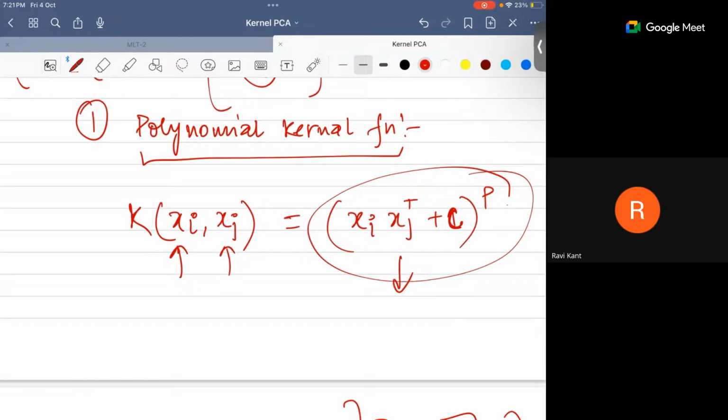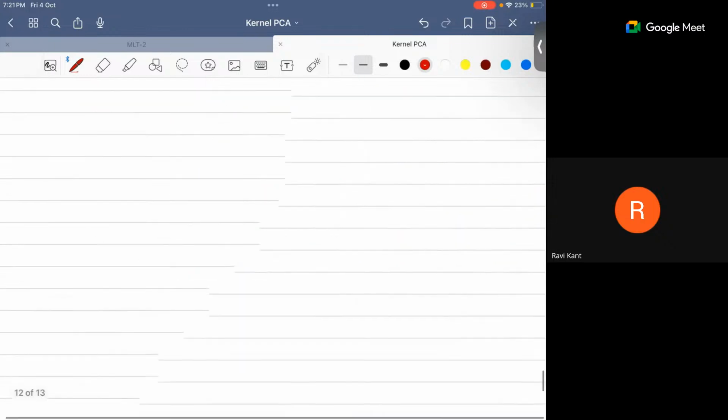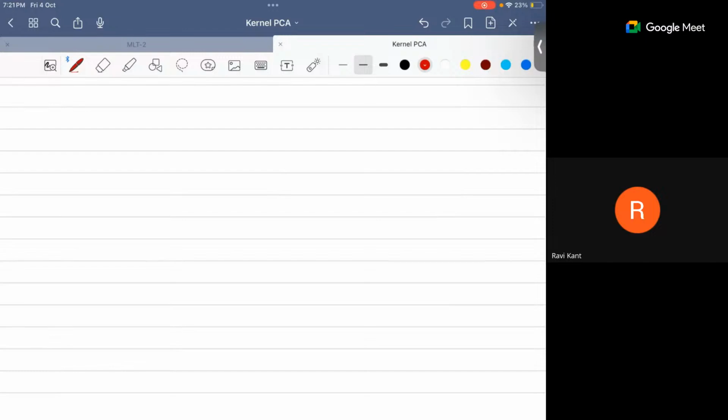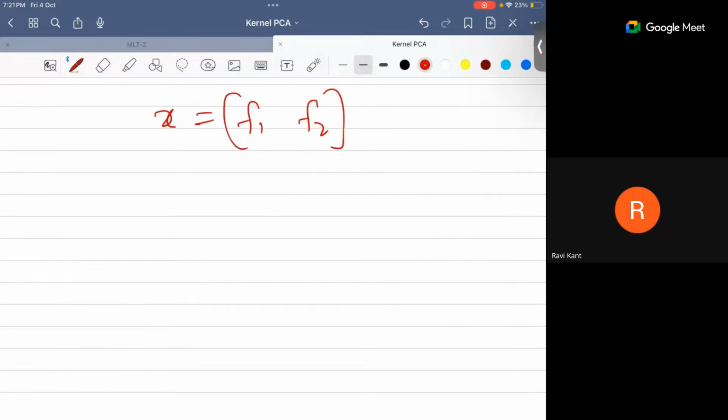So this is similar to, for example, we can just do it for one value, the same thing that our prof has discussed. Let's say you have a data point with features f1 and f2, so x_i is this one, and x_j is g1 and g2.